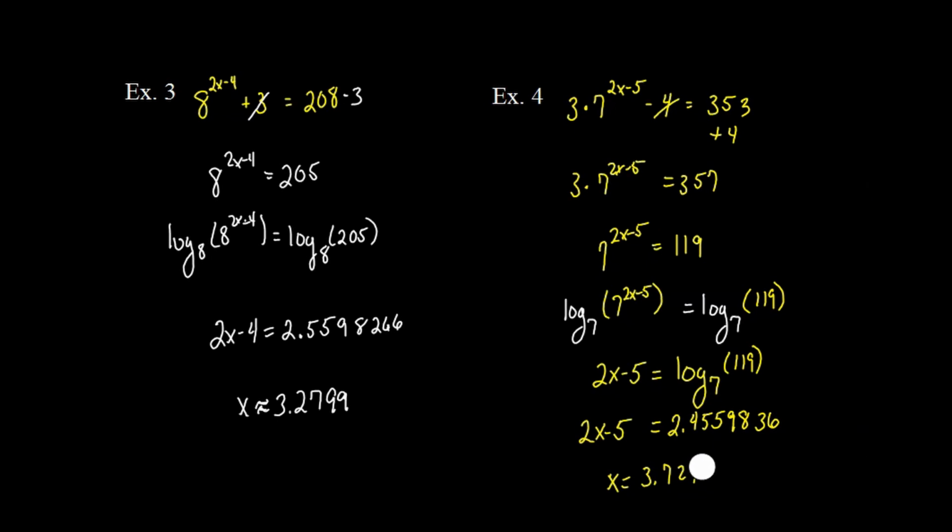We want to keep consistent there. We just want 4 decimal places, so 3.7279 will round to 3.7280. All right, that winds up this video on how to solve exponential equations using logarithms.